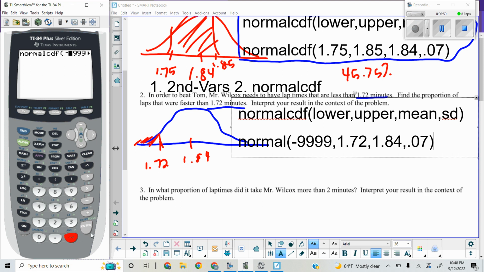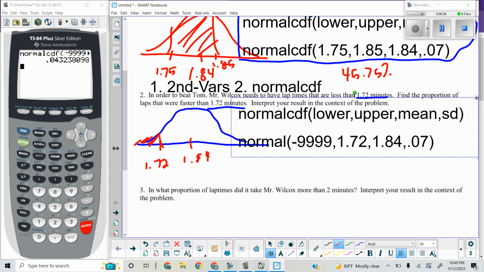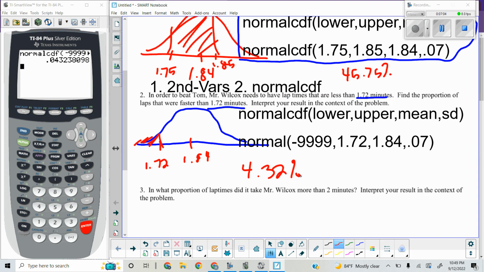So the negative's at that bottom. And we get approximately 4.32%. So for your context, 4.32% of the laps are less than 1.72 minutes, or 1.72 minutes or less.